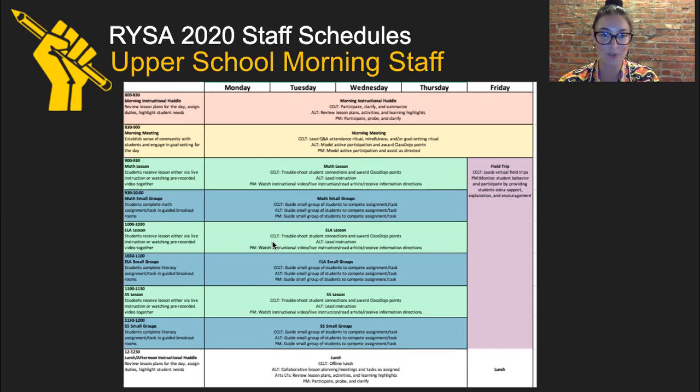In this example schedule, we see that their ELA block begins at 10 a.m. and contains both a pre-recorded video small group instruction, followed by small group instruction, just as with all other content learning here in the mornings at RYSA 2020, and then followed by social studies from 11 until 12.